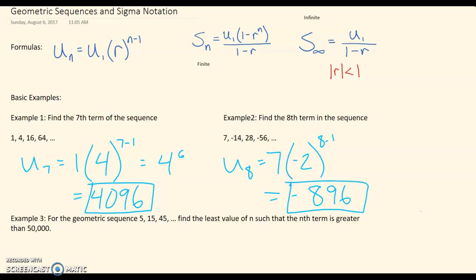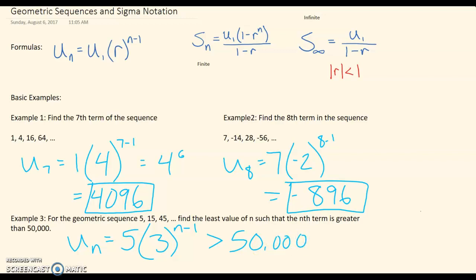And this next one is a little bit different. So we have a geometric sequence, 5, 15, 45. We want to find the first value of n such that the nth term is greater than 50,000. So we need an expression for the nth term, which is first term times r, which in this case is 3, to the n minus 1. And we want this to be greater than 50,000.